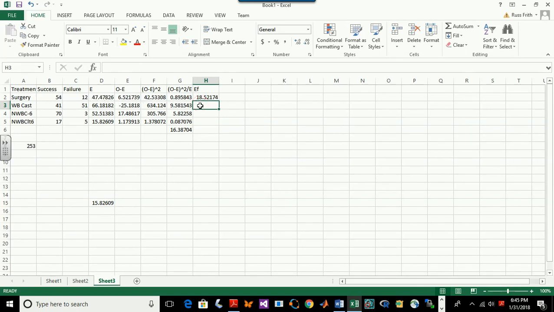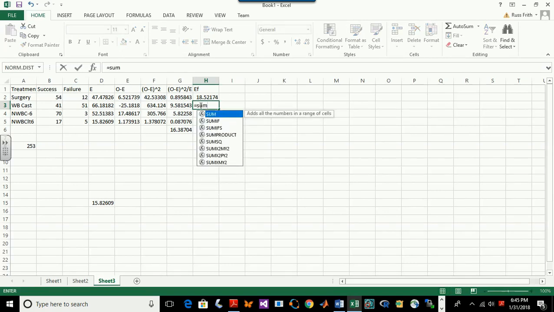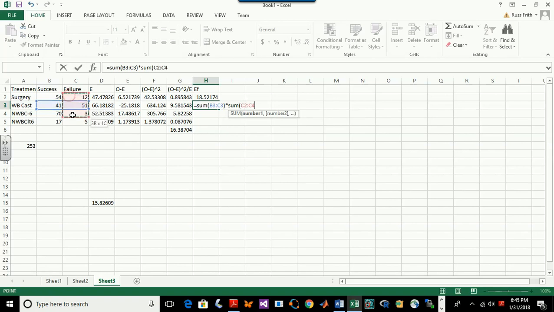And then we do the same for this treatment mode. This would equal the sum of the row times the sum of the failure column, divided by 253.